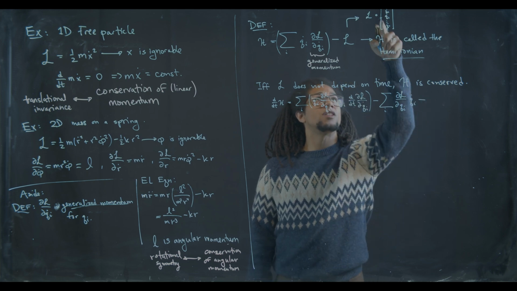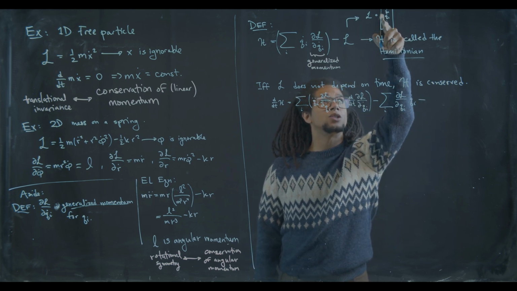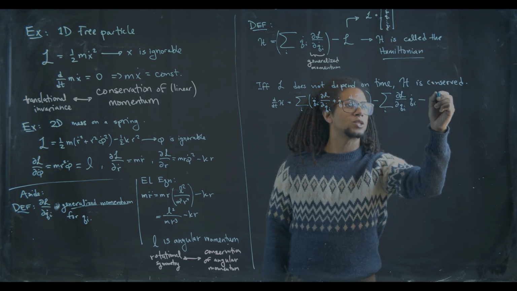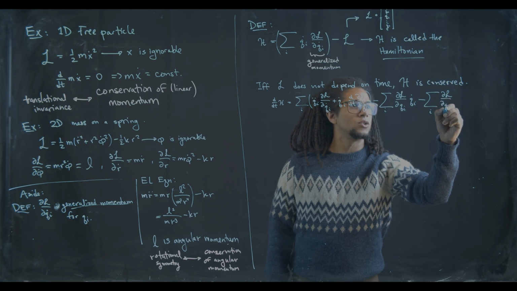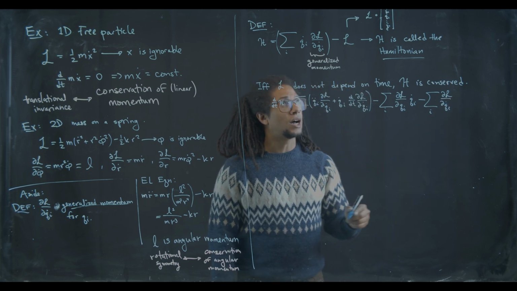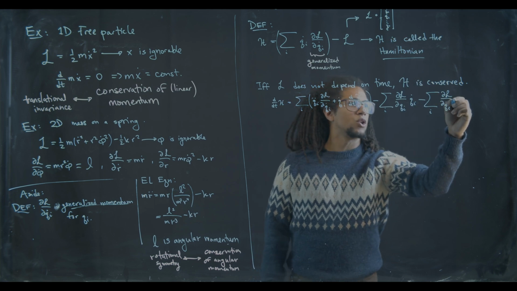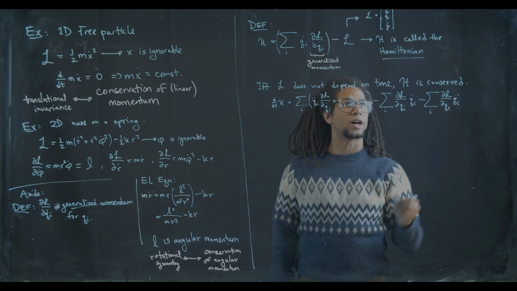Next, I'll take the derivative of L with respect to each of the first derivatives of generalized coordinates. So that'll be dL/dqi dot times the time derivative of each of those coordinates. So that's qi double dot. Good.